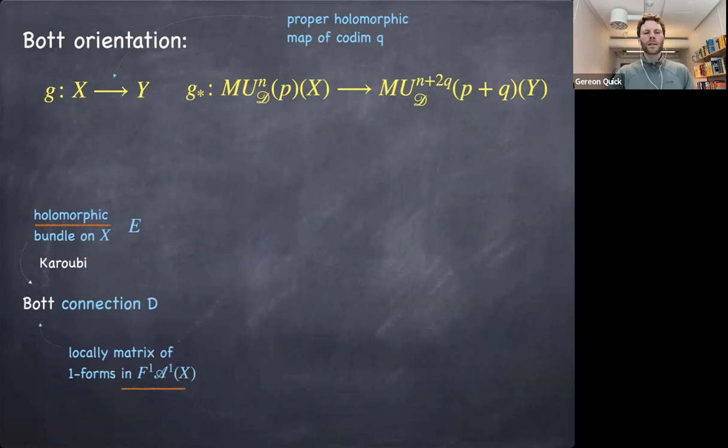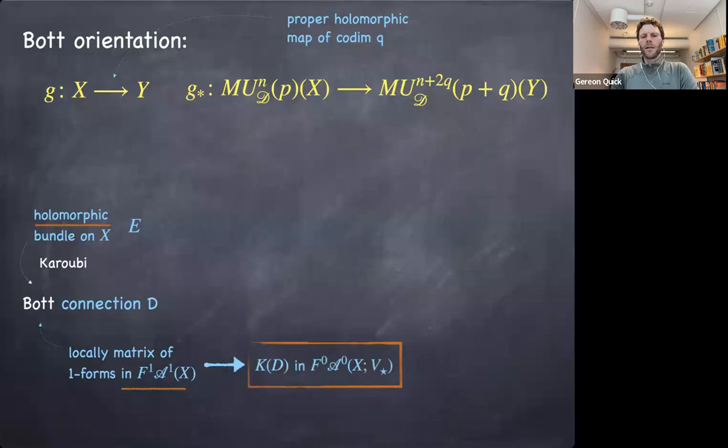The condition is that if you express the local transition matrix using forms, then they actually live in the first step of the Hodge filtration. And that tells us that this K(nabla) of our connection is actually in F^0 A^0, and that means that choosing this extra sigma to be 0 is actually an orientation.